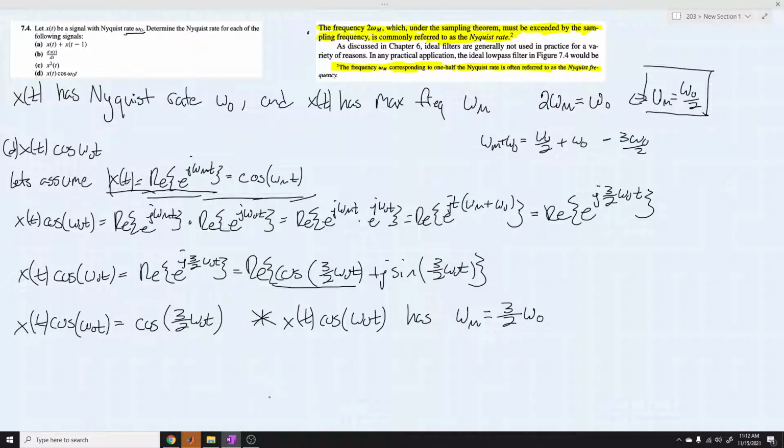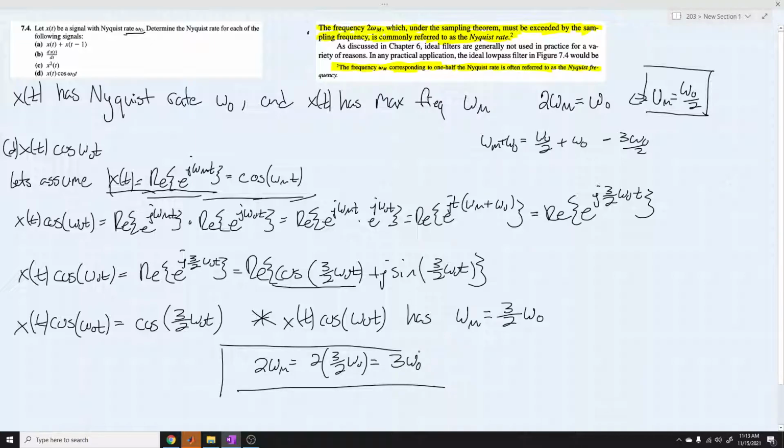And if we want to know the Nyquist rate, the Nyquist rate is 2 omega sub m. Well, that's equal to 2 times 3 over 2 omega sub naught, and that's equal to 3 omega sub naught. And here is your Nyquist rate. So that's another way to solve that problem.